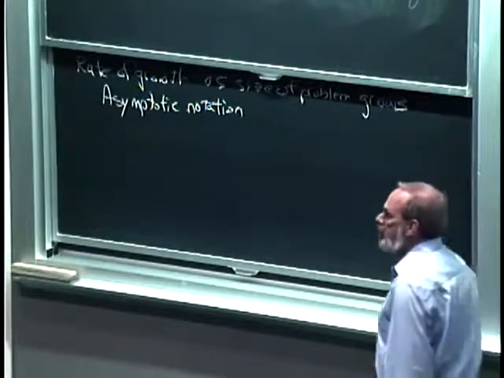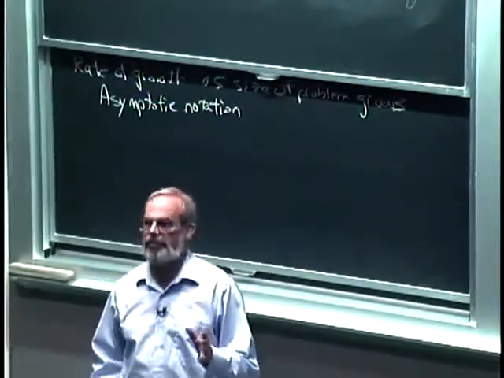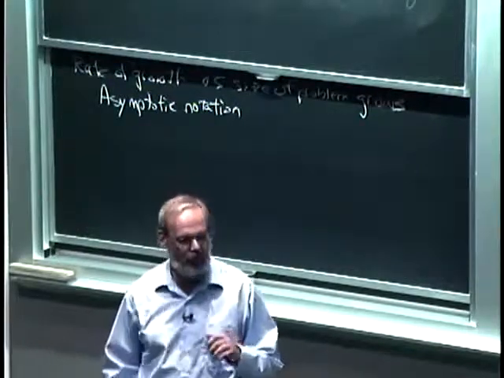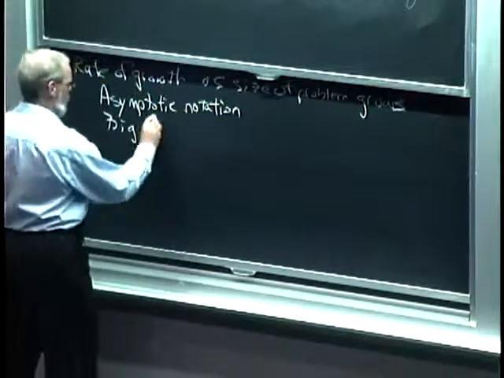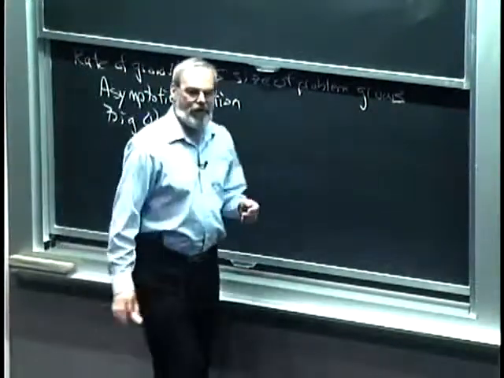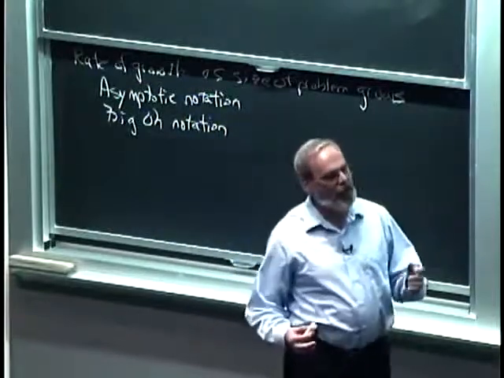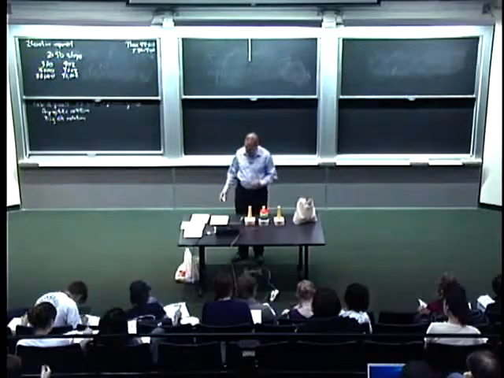You'll find that if you go on to some of the other classes in Course 6, there are a lot of different ways that you can measure this. The most common one, and the one we're going to use, is what's often called big O notation. This isn't big O as in, oh my God, I'm shocked, the markets are collapsing. It's called big O because we use the Greek capital letter Omicron to represent it.